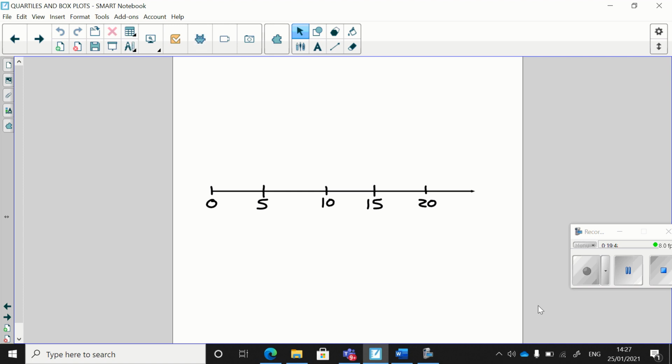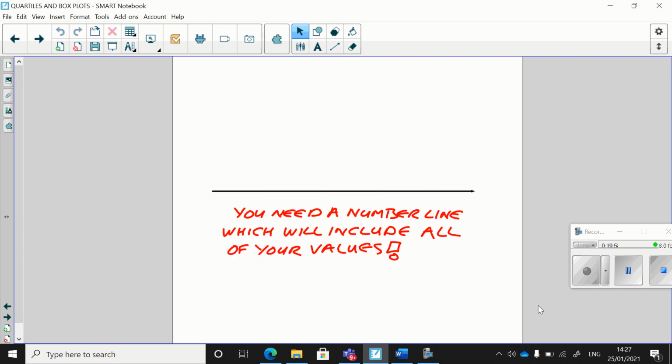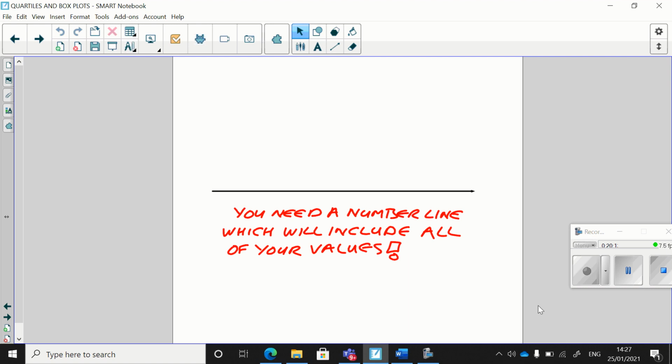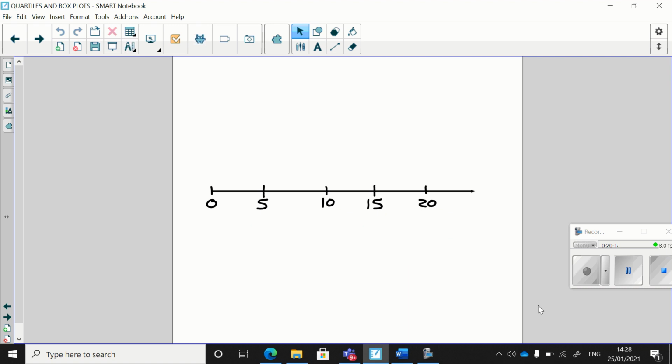As long as we've got enough numbers on the scale to fit all your numbers in, so think about your minimum and maximum values: can it fit 3 to 17? Well, 3 is very close to 0, that's why I started at 0. And for 17, I could have stopped at 17, but I went up to 20, just so I was comfy that everything can fit in here.